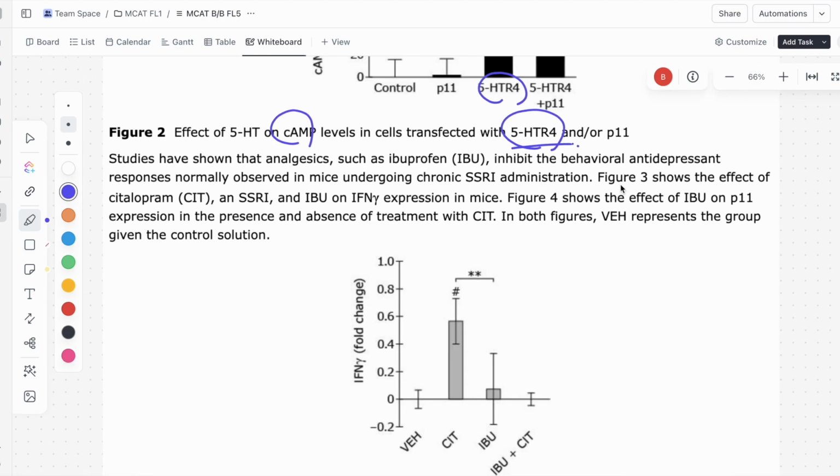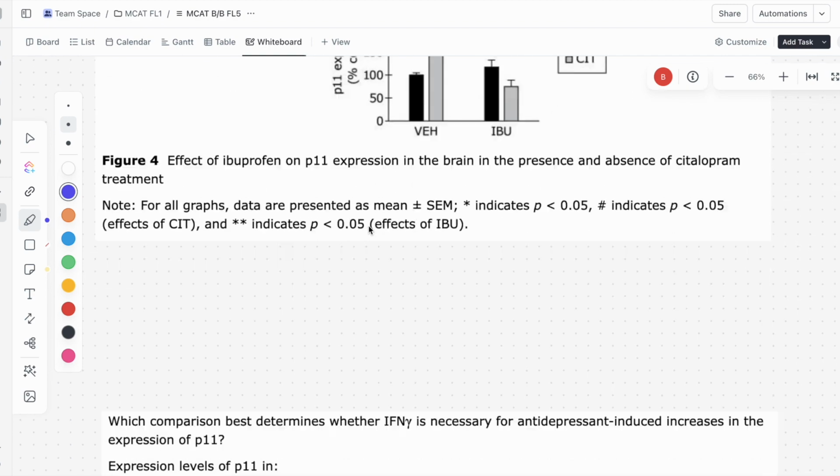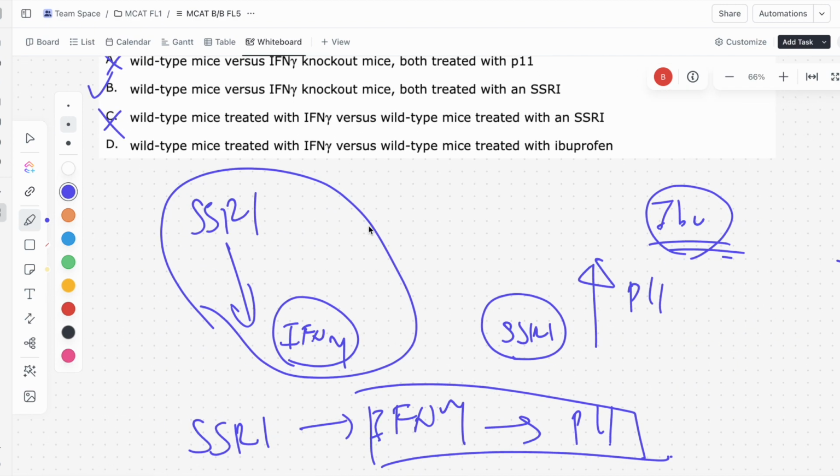As a matter of fact, ibuprofen inhibits antidepressant response. So we're actually doing the opposite. It's almost like we're taking away SSRIs. But regardless, because we're not actually assaying the effect of SSRIs on P11, with or without IFN gamma, D has to be incorrect as well because we don't get that full picture, like I've just talked about.